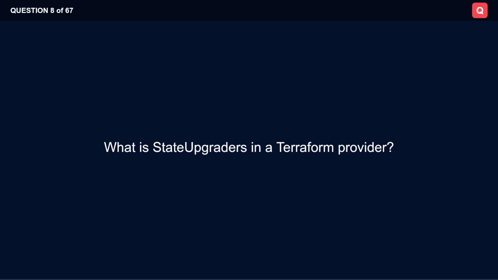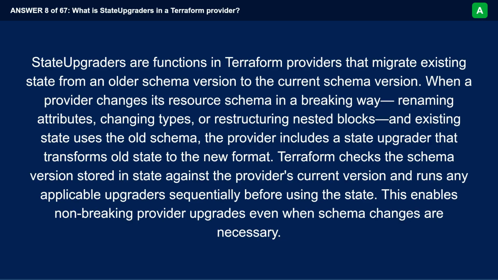What are state upgraders in a Terraform provider? State upgraders are functions in Terraform providers that migrate existing state from an older schema version to the current schema version. When a provider changes its resource schema in a breaking way, renaming attributes, changing types, or restructuring nested blocks, an existing state uses the old schema.